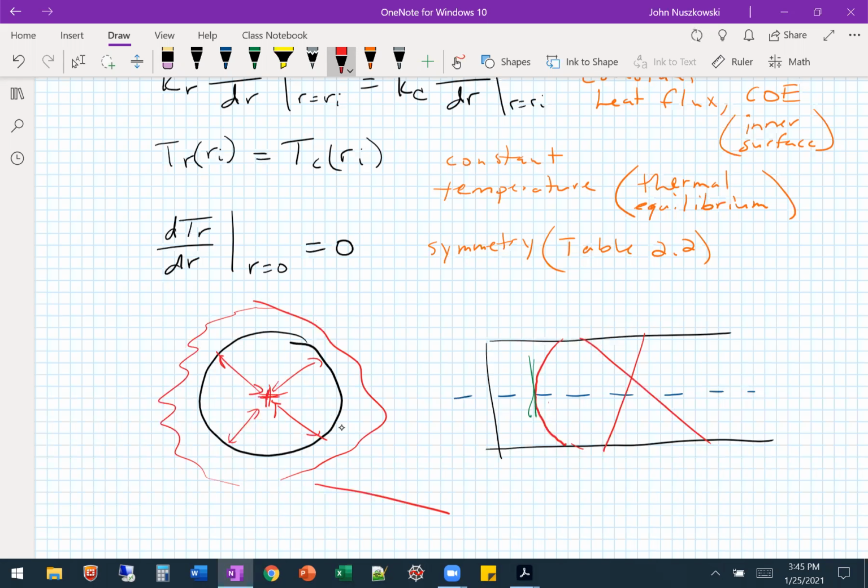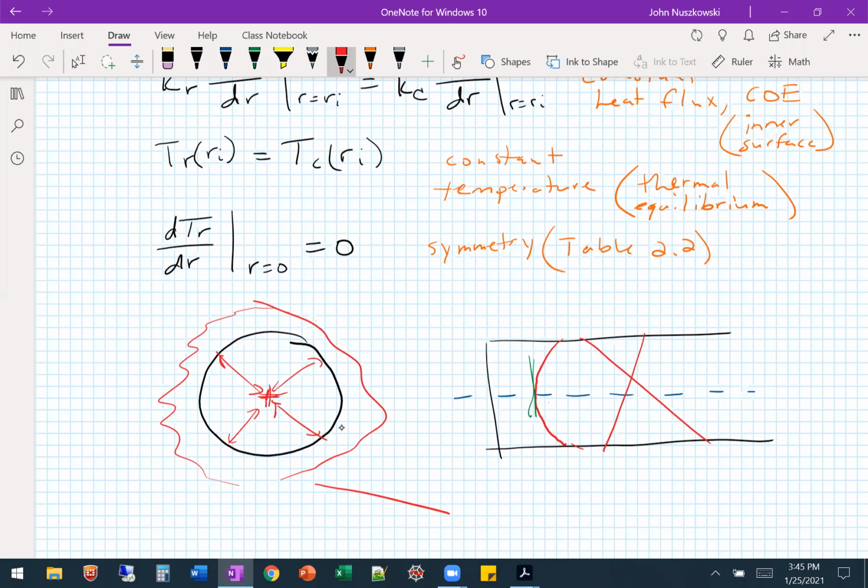So it creates this symmetry automatically just because of the geometry. And this occurs in a cylinder, and this occurs in a spherical system. So we automatically have that boundary condition. That's the nice thing about it. You just got to remember that you automatically have that in those coordinate systems.